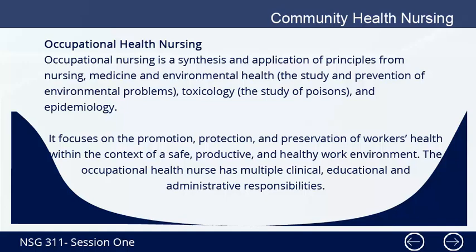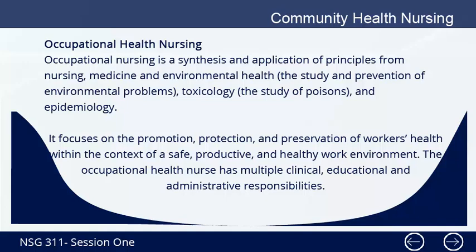The occupational health nurse has multiple clinical, educational, and administrative responsibilities. 1. Clinical responsibilities include pre-placement assessment, annual physical examination, diagnosis and treatment of acute minor illnesses, emergent care, and counseling. 2.